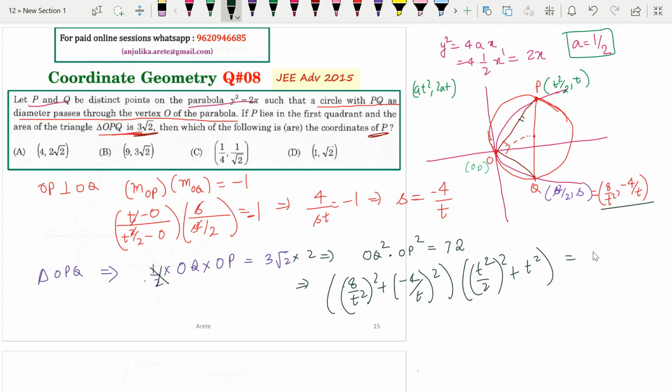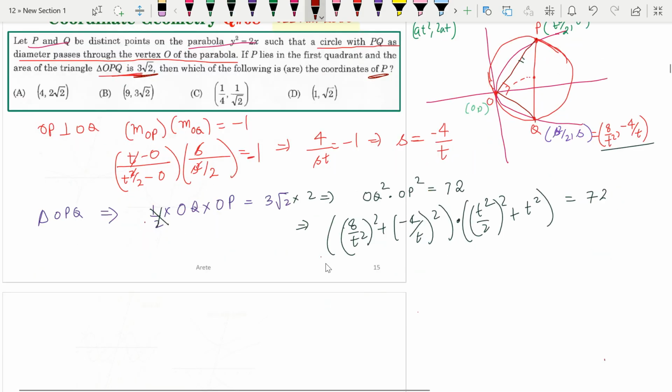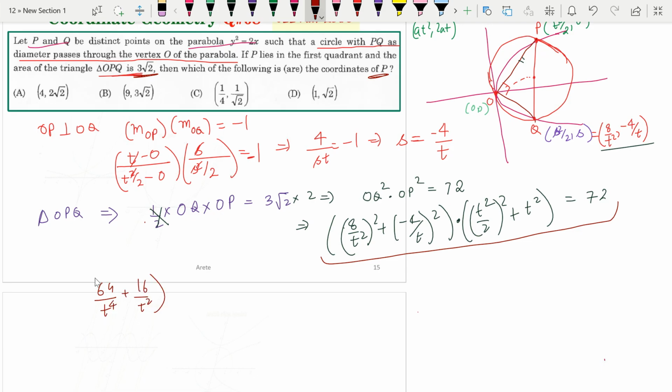That's all. This is equal to 72. Now the only thing you have to do is solve this. Let's do along. What do you get? 64 upon t power 4 plus 16 upon t squared. That's the first one. And the second one is t power 4 upon 4 plus t squared. That's 72. Feel free to do on your own and get what t squared is.